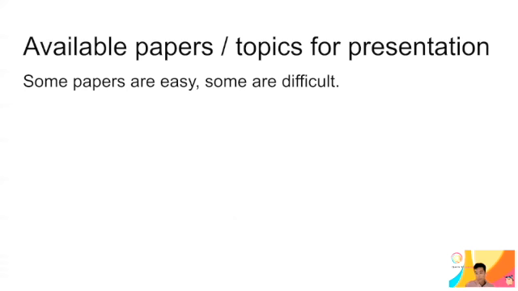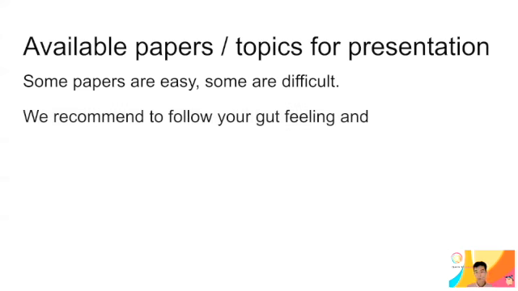And in general, the difficulty of the papers is very difficult to predict. Some of them are easy and some of them are difficult, especially for a presentation of 7 minutes. So the suggested strategy to choose the paper is, first, based on the subtopics that I'm going to explain, select one subtopic that you like, by your intuition.